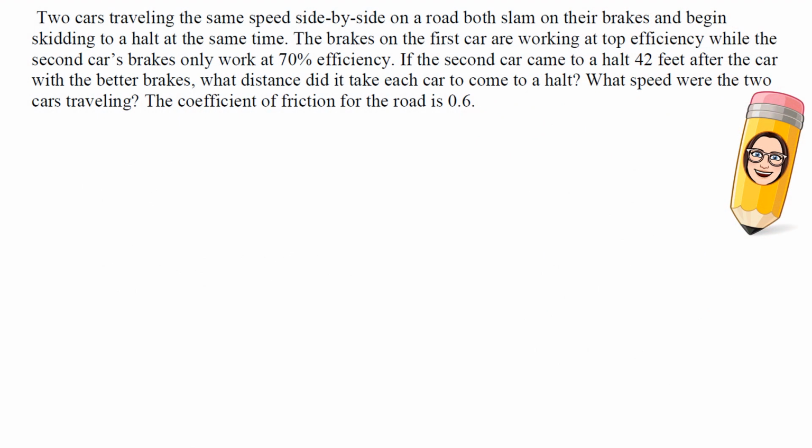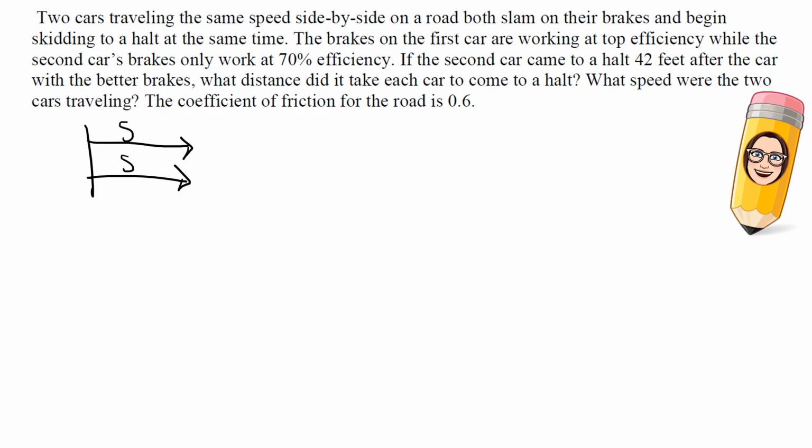All right, so if you've been listening to my video and you're continuing on, take a look, as this might be one of your homework problems. Let's go through 2 cars traveling the same speed side by side on a road, right? I'm a visual person, so you don't have to draw this, but I'm thinking about 2 cars, right? Same speed, side by side.